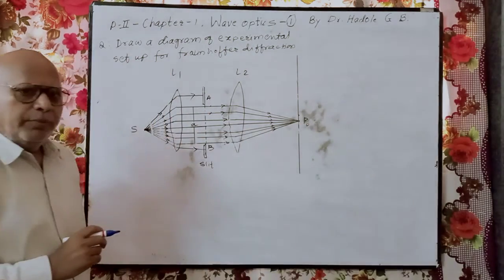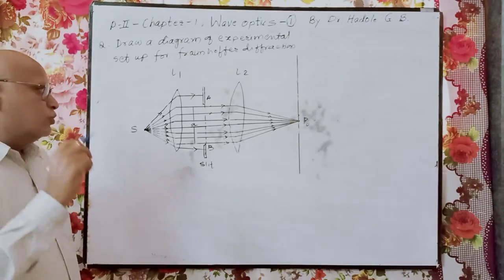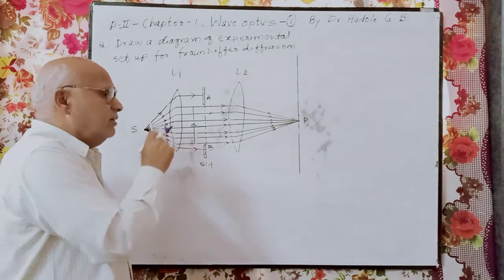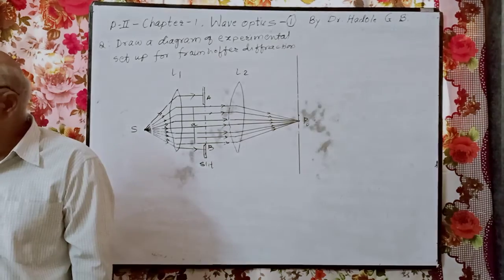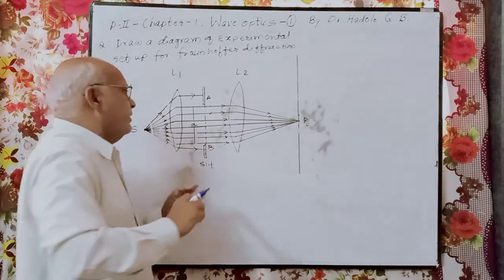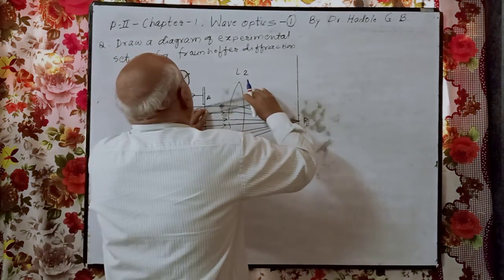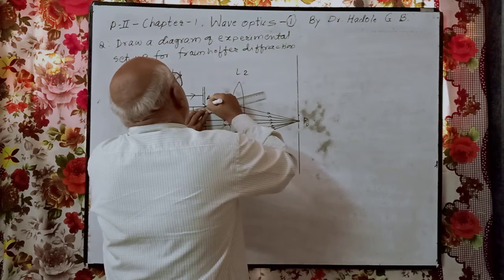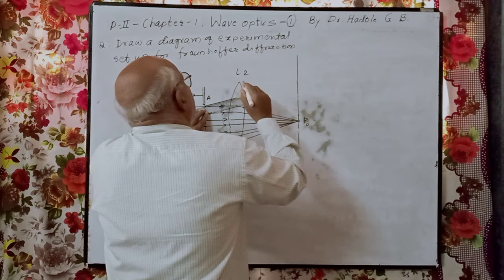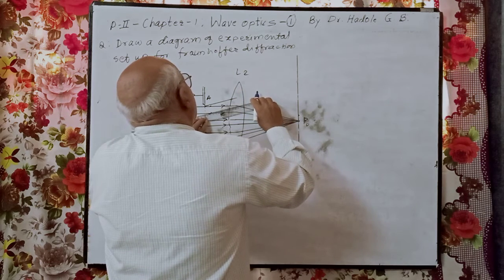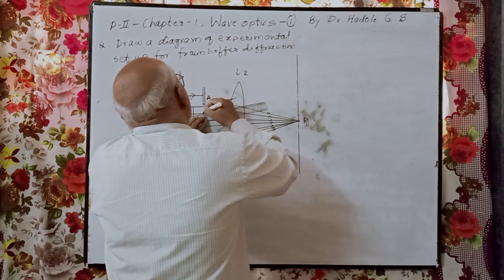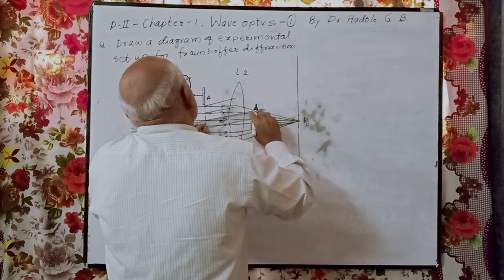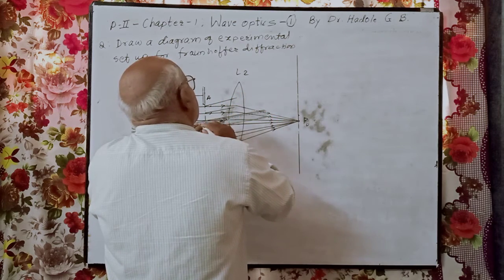at P0. Now when we consider diffraction, we have said that there is a bending of light. Because of this bending of light from this slit, these light rays are going to bend, which is called the diffraction of light.